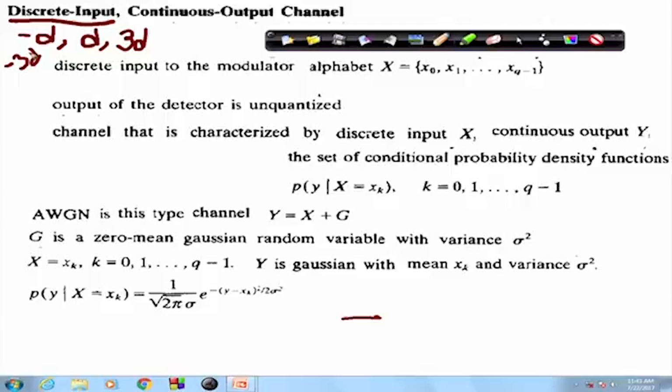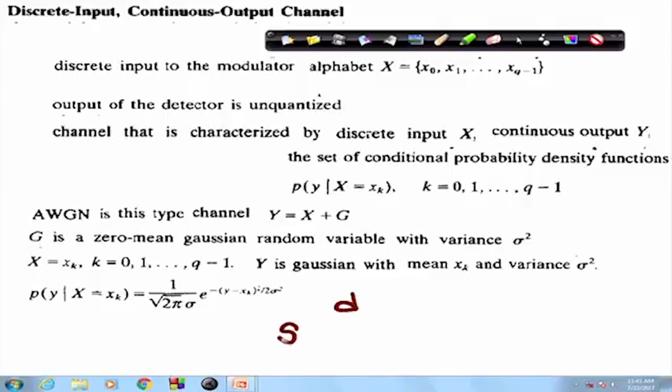So, we do have discrete input, and continuous output simply because if we send, let us say, d, which is s_m(t), a value of d, what we receive is d plus noise.